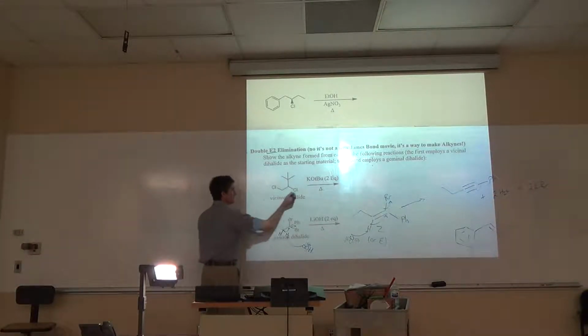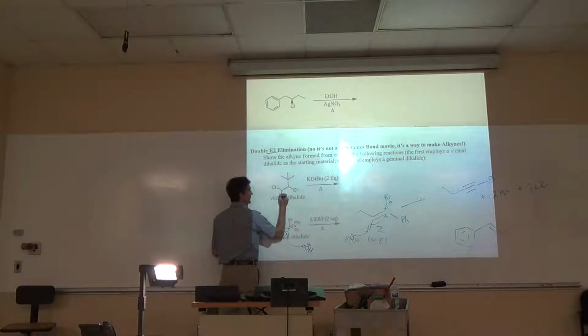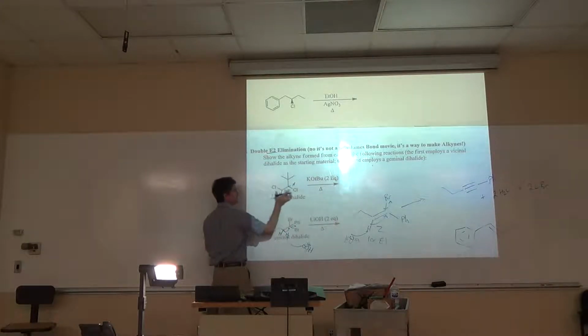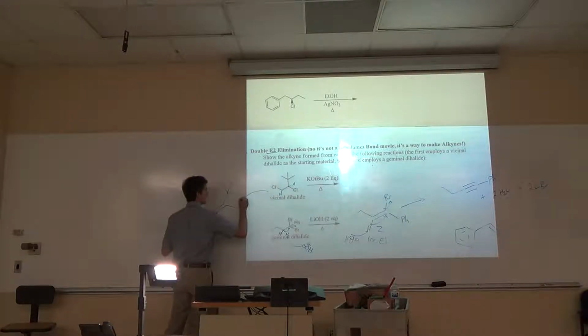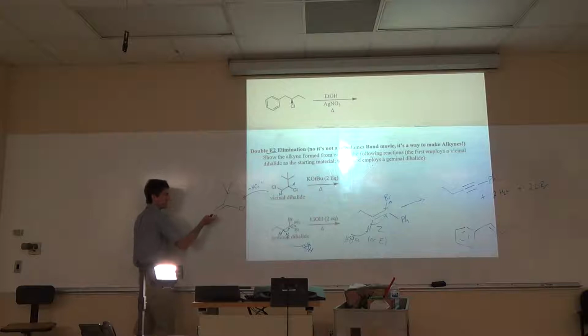Now up here, if you do a double E2 elimination, you have to make a choice. Which HCl do you remove first? Do you remove this chlorine first? If you did, you would get something that looks like this, minus HCl. Then you'd have to come back and remove again.